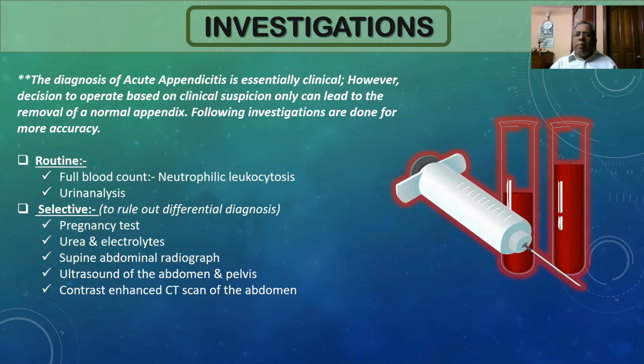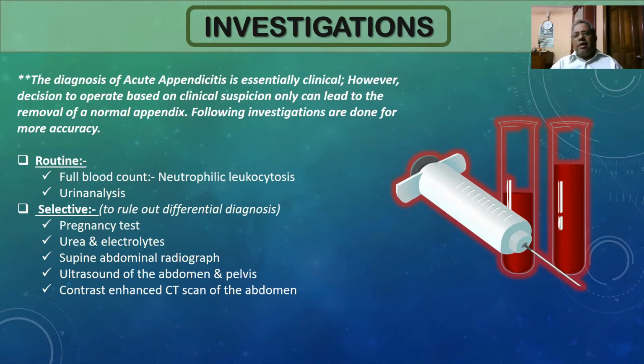Then in case of a female, they can evaluate whether the patient has a fibroid uterus, or a fallopian problem, that means ectopic pregnancy, or an ovarian tumor, or an ovarian cyst. That can be known by doing ultrasonography of the pelvic cavity.